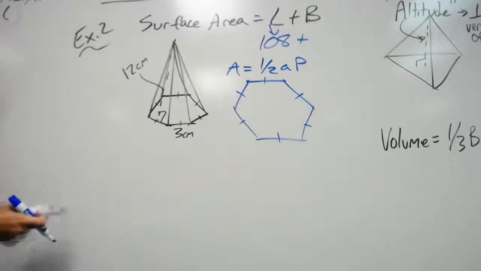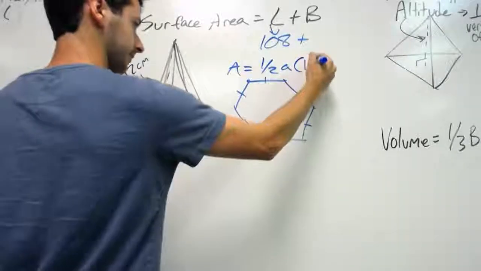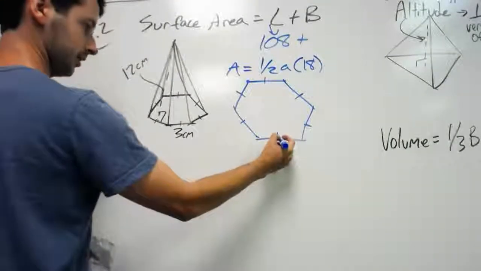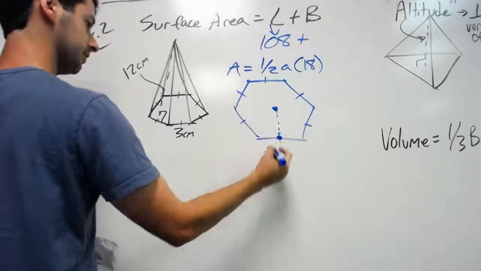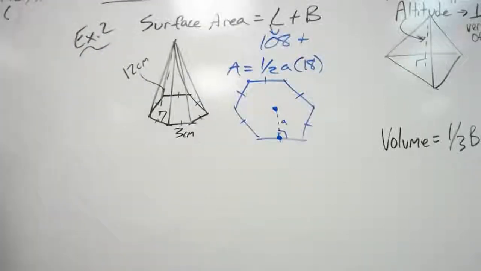We already know our perimeter is 18. Now we have to find the apothem. The apothem goes from the midpoint of one side to the center and creates a perpendicular line. There's our apothem. So how do we solve for that?